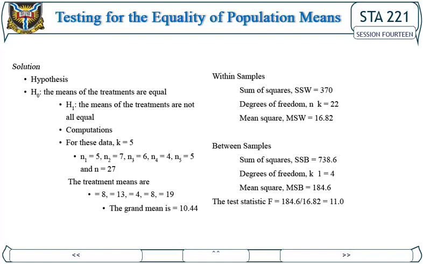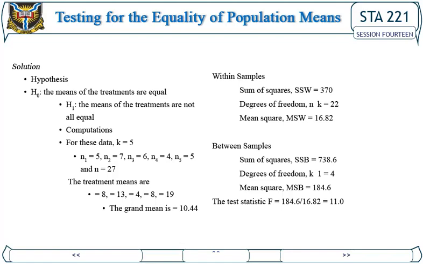The treatment means are x1 bar equals 8, x2 bar equals 13, x3 bar equals 4, x4 bar equals 8, x5 bar equals 19. The grand mean x double bar is equal to 10.44.